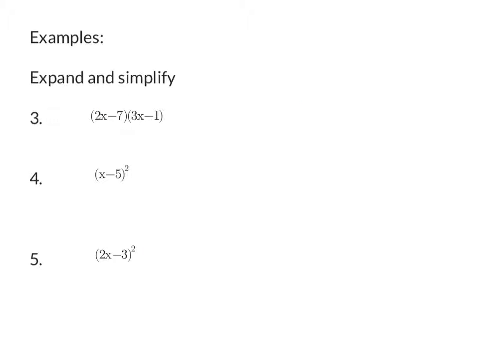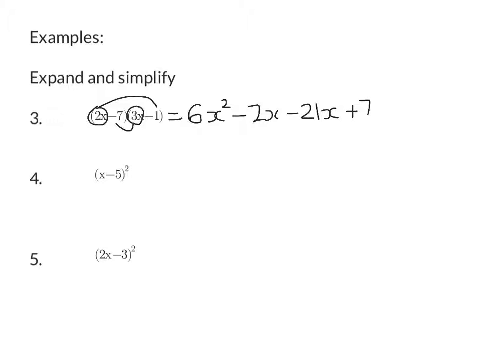Right, so same idea here. We take the 2x and the 3x and we get 6x squared minus 1 times 2x gives me 2x minus 21x plus 7. 6x squared minus 23x plus 7.